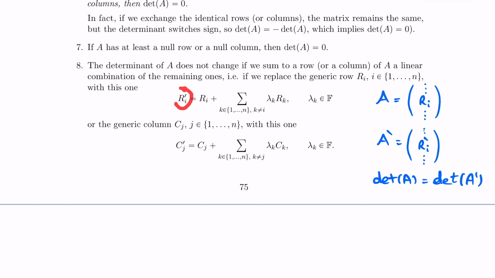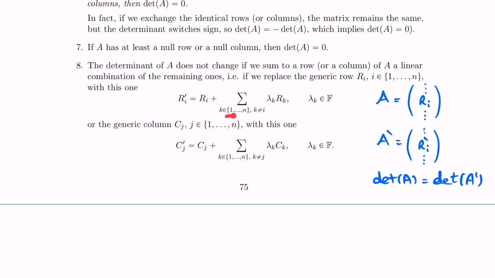The row Ri prime is built by adding to the row Ri a linear combination of the other row vectors. As you can see, here we have the other row vectors, here we have generic scalars, but what is important is that the index k of the other row vectors ranges from 1 to n except for the index i that we have fixed.